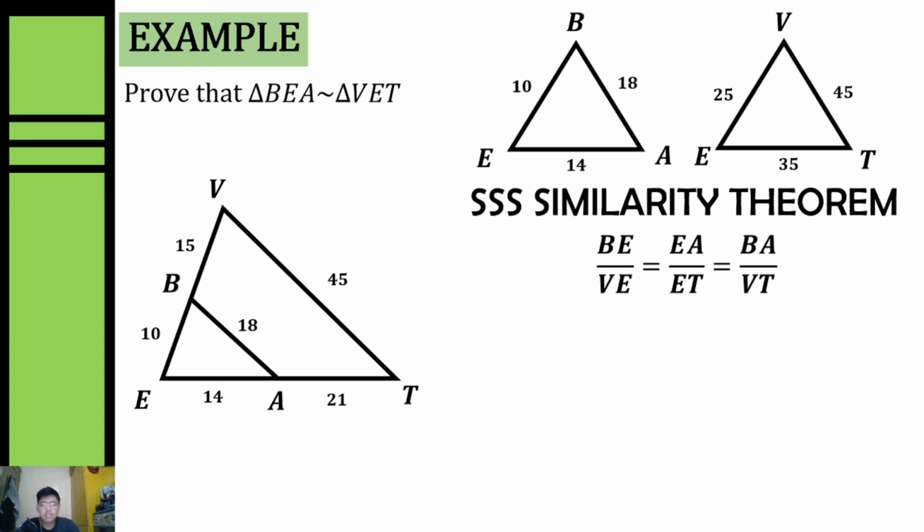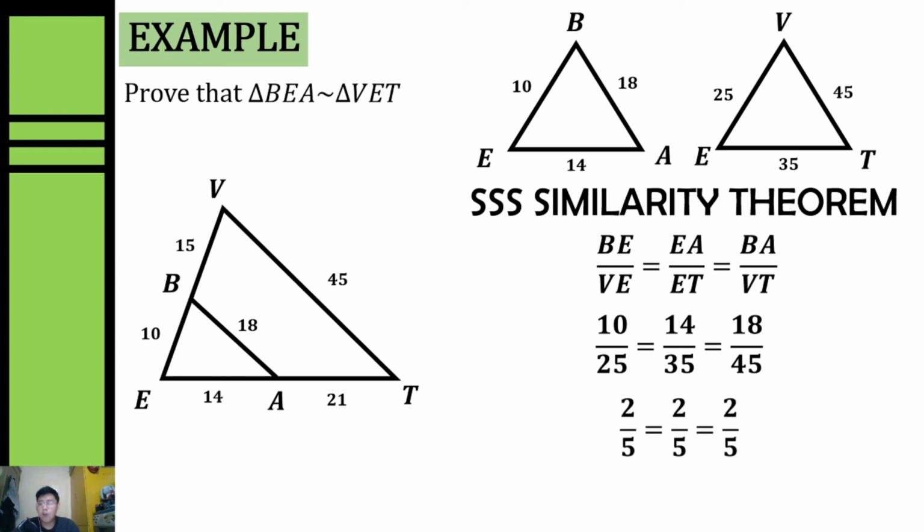Let's see if our corresponding sides are proportional to each other. Let's substitute our given. We have 10 over 25 is equal to 14 over 35 is equal to 18 over 45. Now let's simplify to find a common ratio. We will have 2 over 5 is equal to 2 over 5 is equal to 2 over 5.